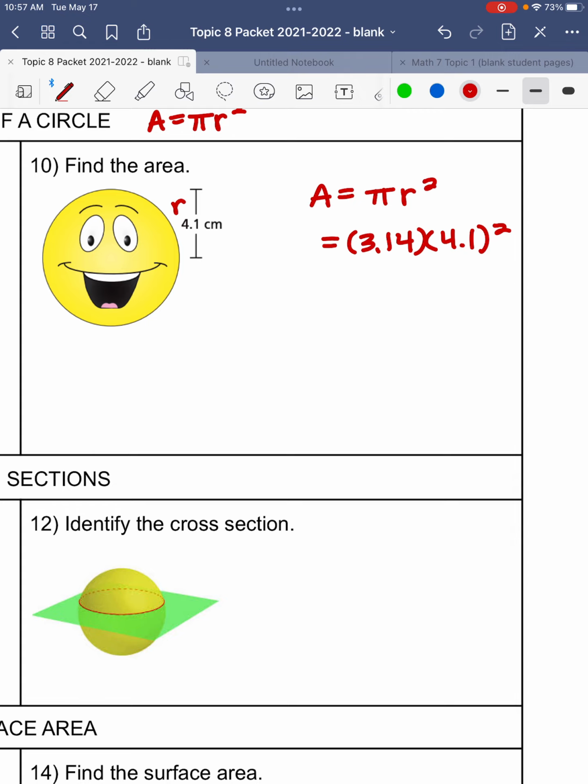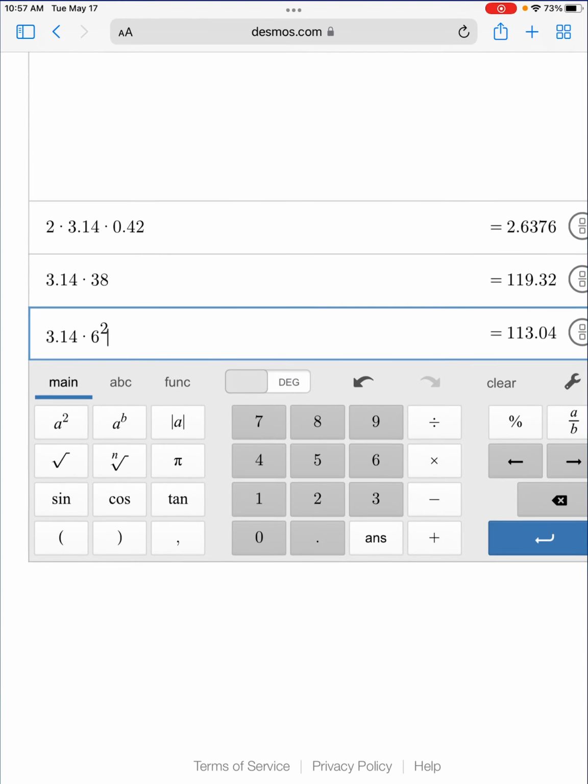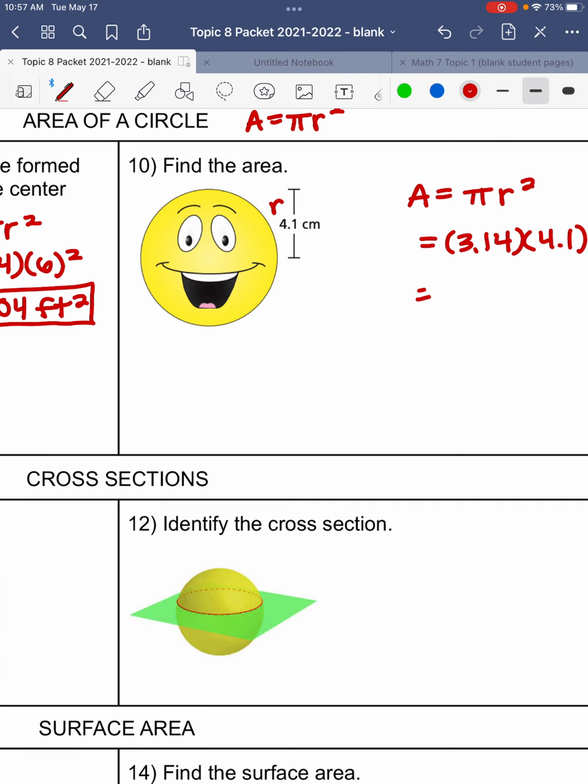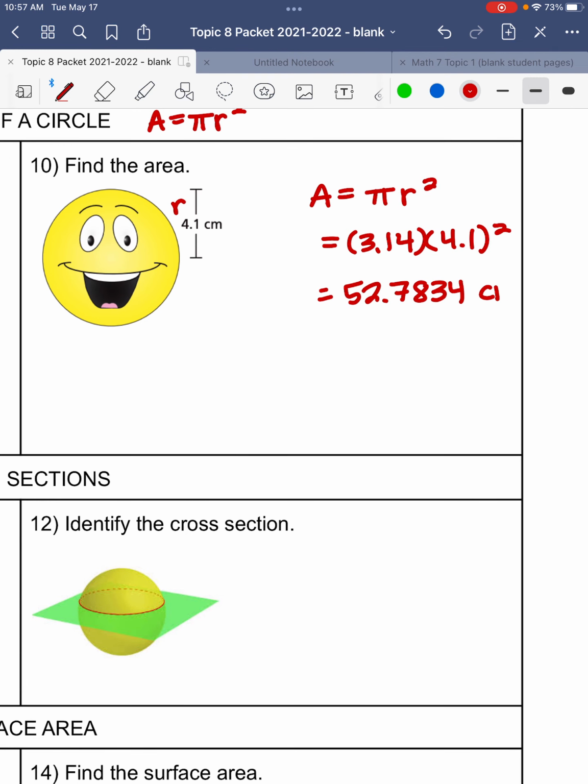I'm just going to go put that in my calculator. So back to the calculator. 3.14 times 4.1, hit that A squared button to square it, and I get 52.7834, and my unit is square centimeters.